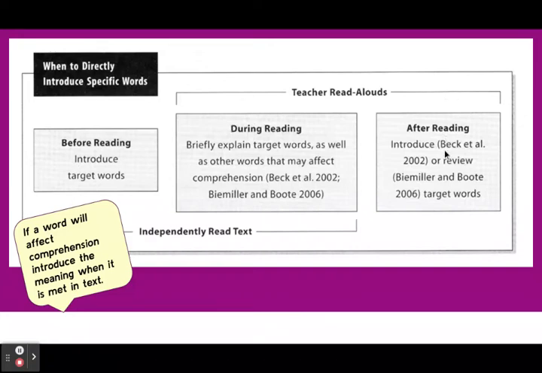And after reading, so you could introduce and review. If a word will affect comprehension, introduce the meaning when it is met in the text. So that is a great strategy. You want to make sure that if you're reading and there's a word that if you don't know what that word means, you're not really comprehending the whole story, you need to introduce that.